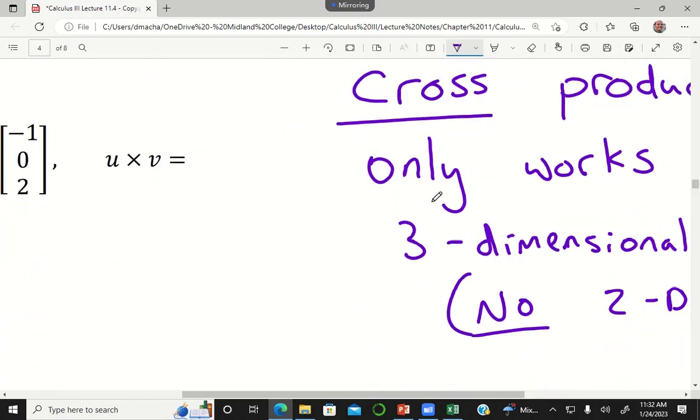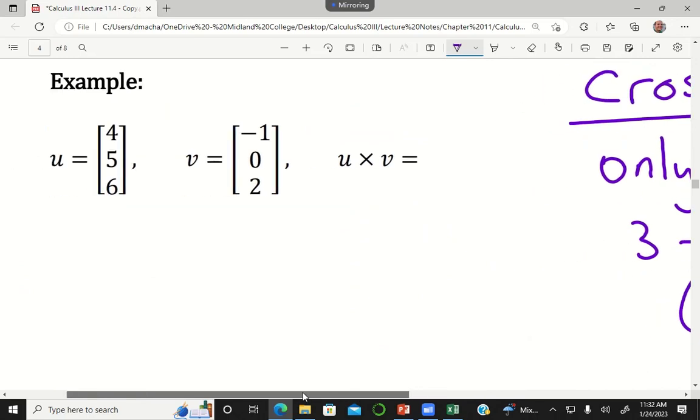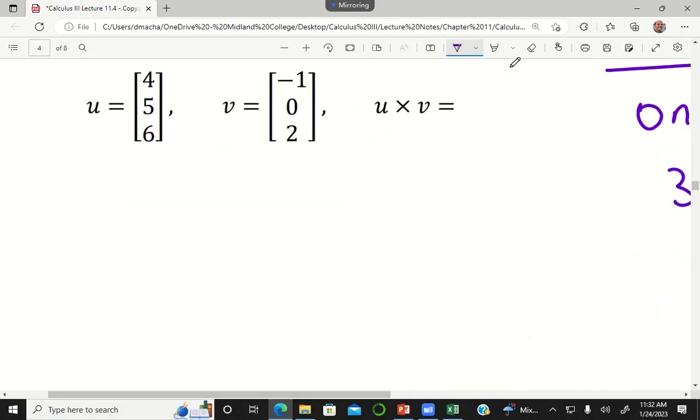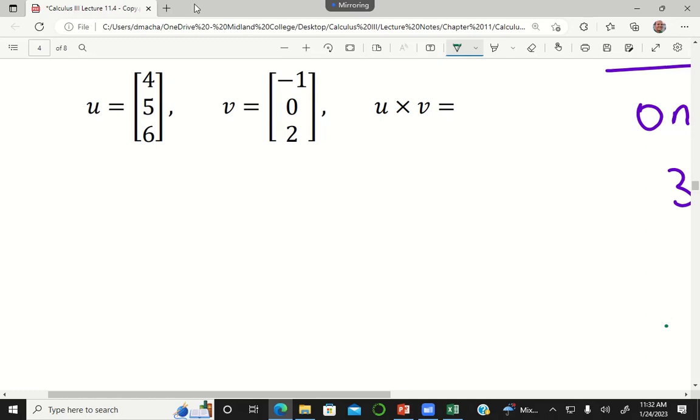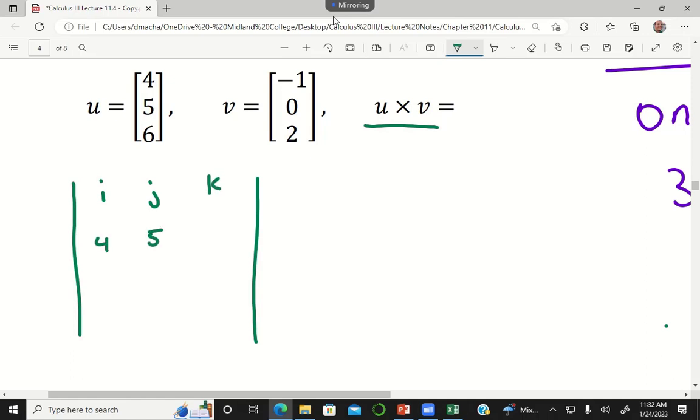Okay, so let's see what this looks like to actually do in practice. This u cross v is going to be this determinant of i, j, k, 4, 5, 6, negative 1, 0, 2.